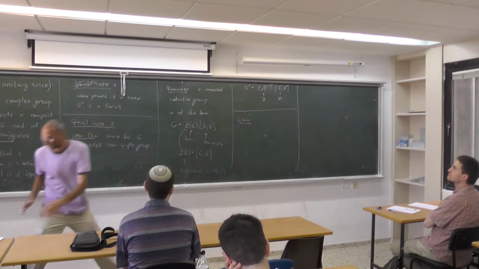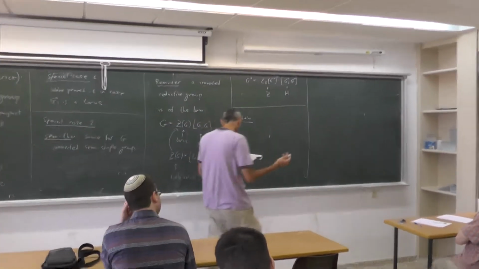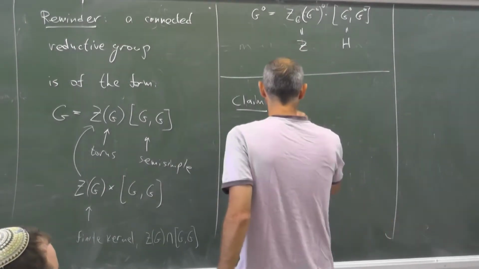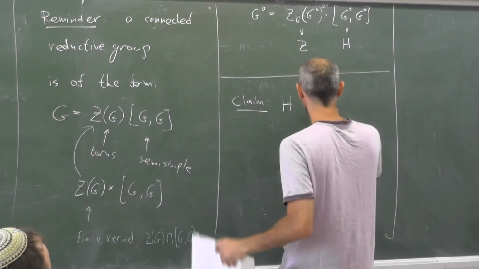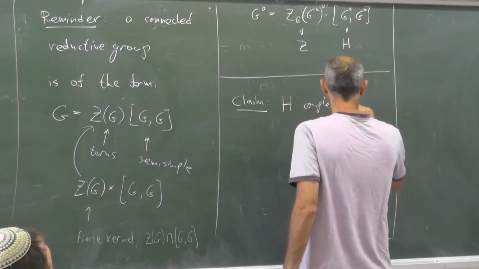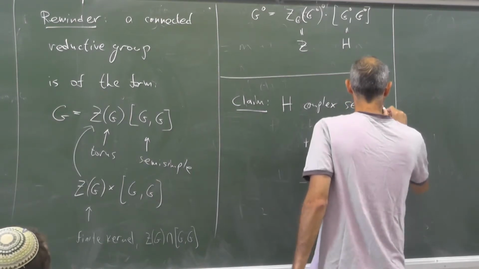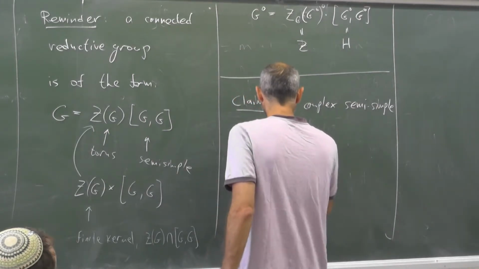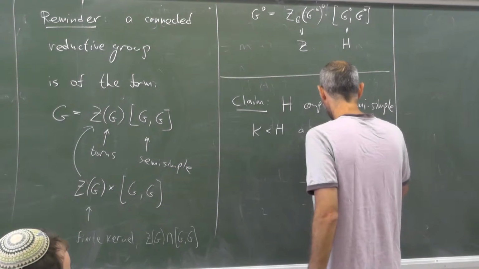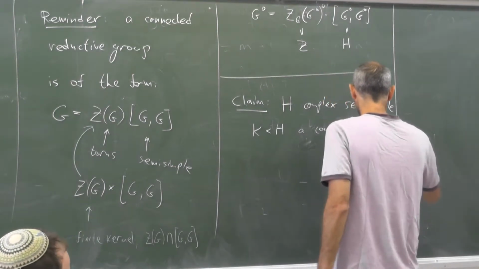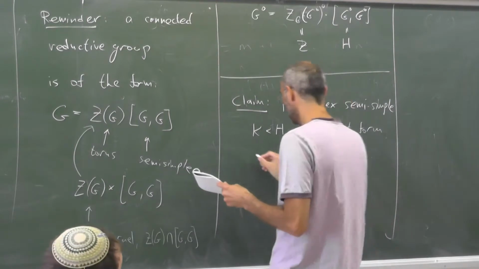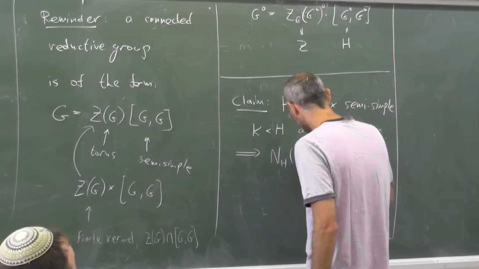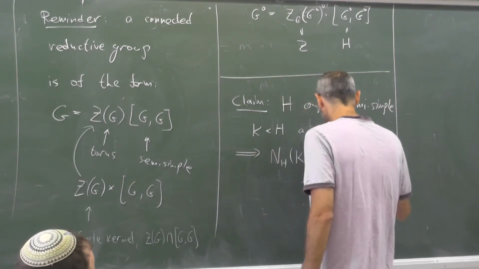Now I'm doing some preparation, which is, you might say, unrelated, but interesting. Now H is a complex semi-simple group, K in H a compact form, then I claim that K is its own normalizer in H.